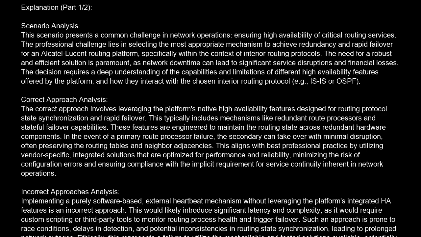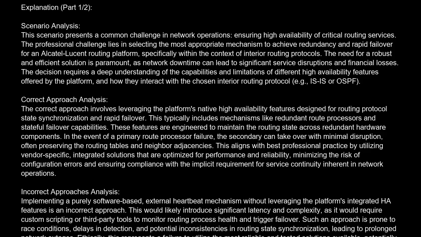In the event of a primary route processor failure, the secondary can take over with minimal disruption, often preserving the routing tables and neighbor adjacencies. This aligns with best professional practice by utilizing vendor-specific, integrated solutions that are optimized for performance and reliability, minimizing the risk of configuration errors, and ensuring compliance with the implicit requirement for service continuity inherent in network operations.